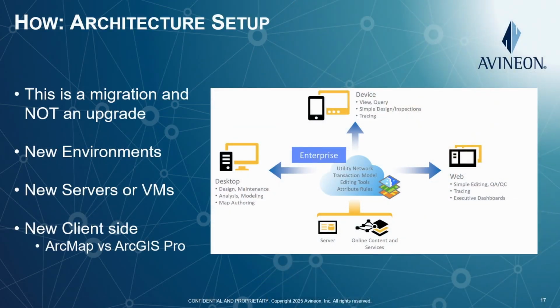And the big piece that you have to start with if you're going to make that migration is to know that there are a number of software and hardware considerations that are going to have to be met. The UN is a very powerful solution, and it's going to be implemented on the ArcGIS Enterprise level. It's going to leverage branch versioning and feature services.